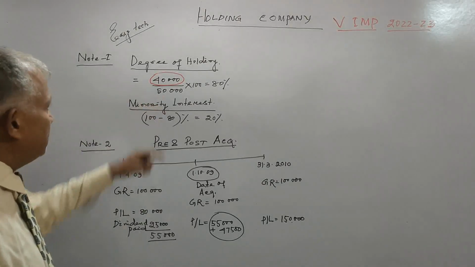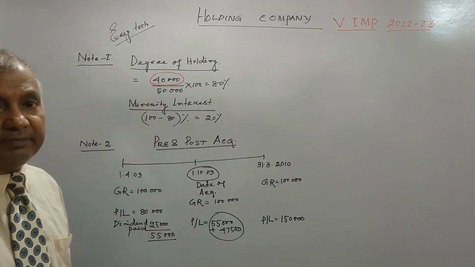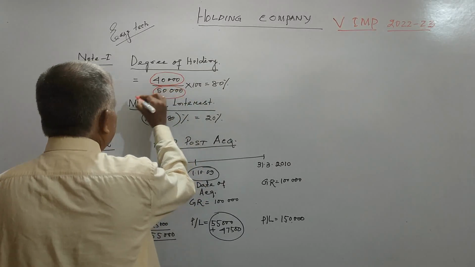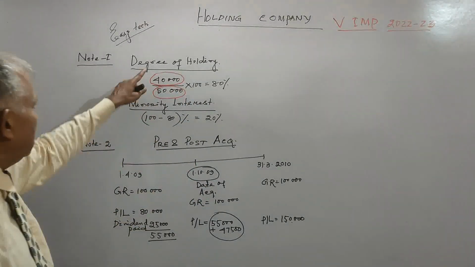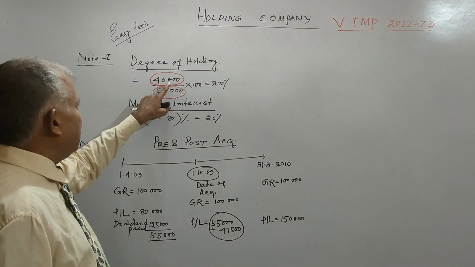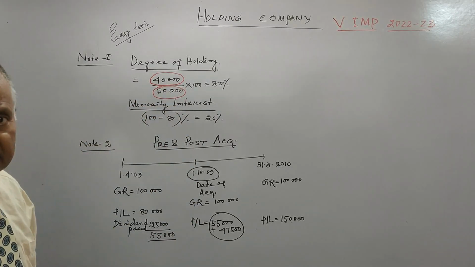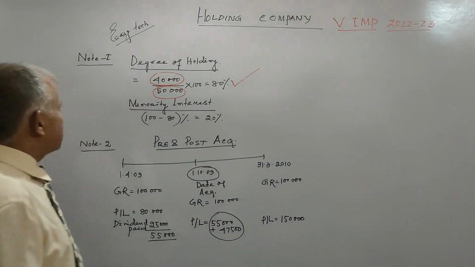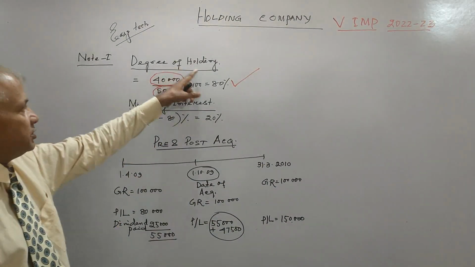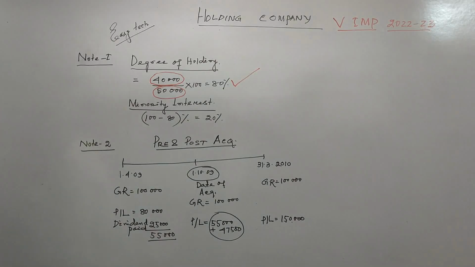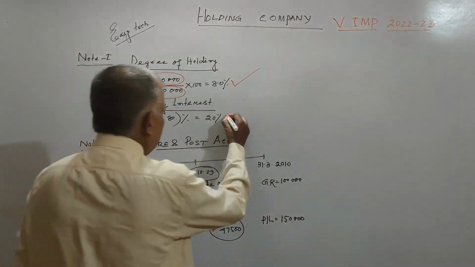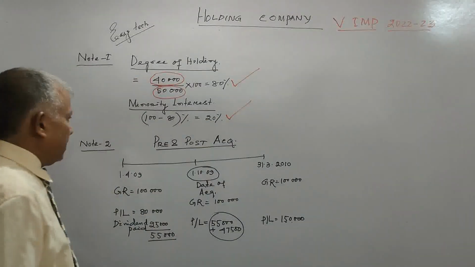The total number of shares in S Limited is 50,000. So out of 50,000, the holding company is holding 40,000 shares. That comes to 80%. So if the holding company is holding 80%, automatically the minority interest comes to 20%, that is 100 minus 80.